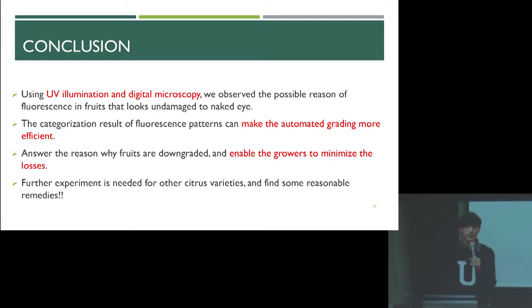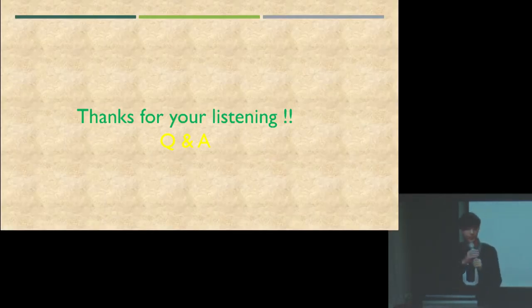Based on this experiment, further experiments will be needed for other species of citrus, and we can go further to find other possible remedies. Thank you for listening, and I welcome any questions.